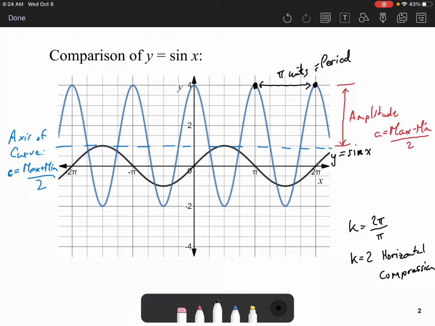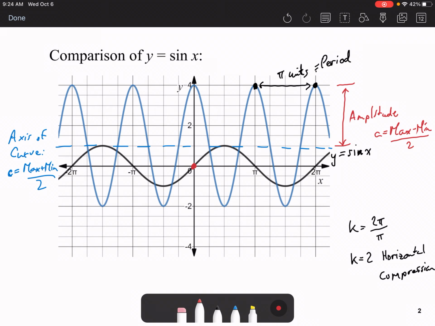Now phase shifts, or your value for d, is always based on how many units you've moved from your original function over to your new function. Now, sine starts halfway between its maximum and minimum value, actually from your minimum to its maximum.